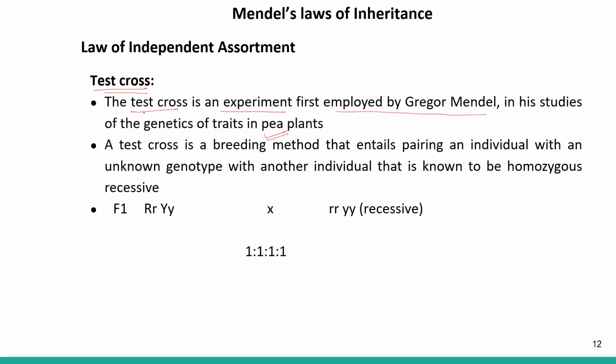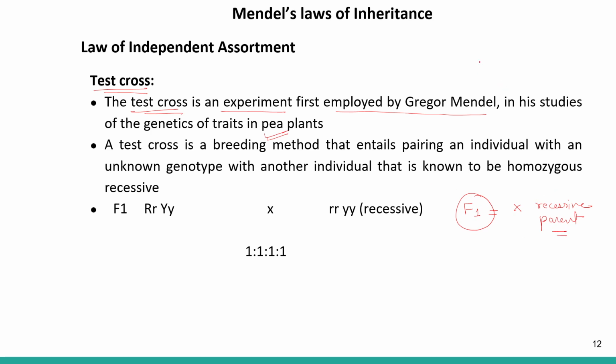Now, what does the test cross say? The test cross says that the plant of F1 generation is crossed with the recessive parent. So that is called a test cross.